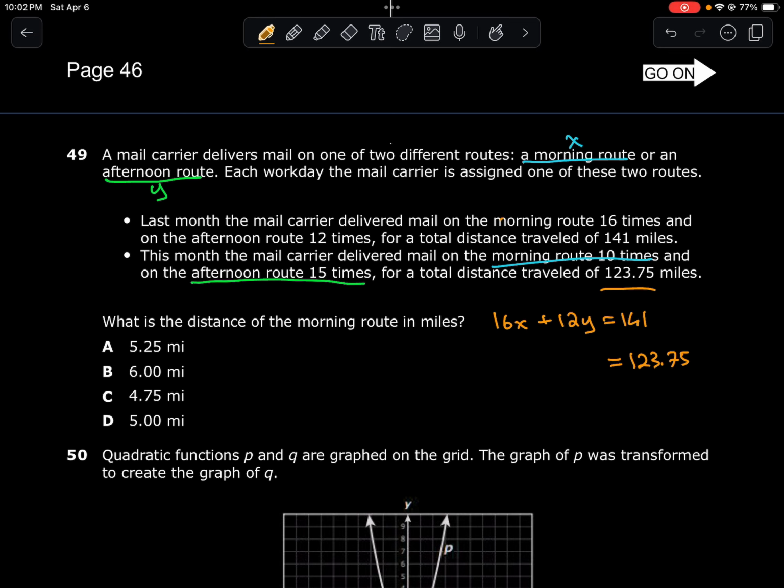10 times x, because 10 times the route. So what's the distance? It's 10 times the distance of a single morning route, plus 15 times the afternoon route. What's the distance? Well, it's 15 times the distance of a single afternoon route, and that's the equation. Now, what is the distance of the morning route in miles?